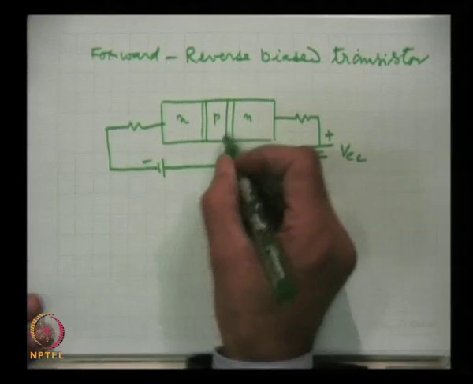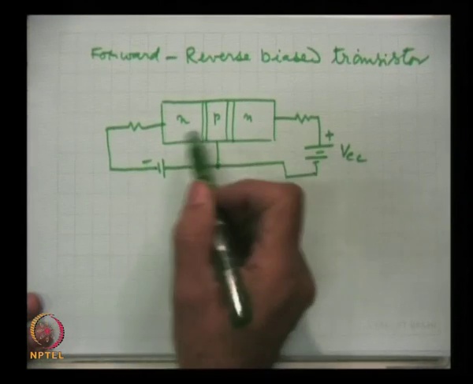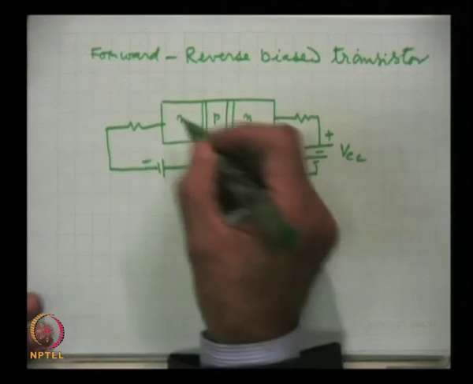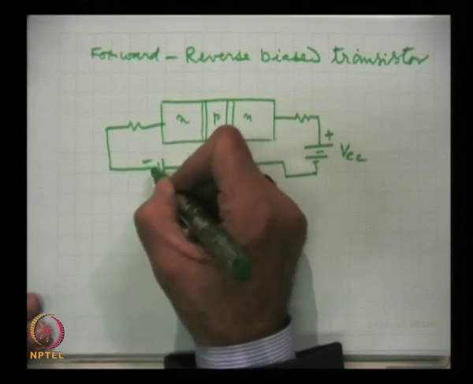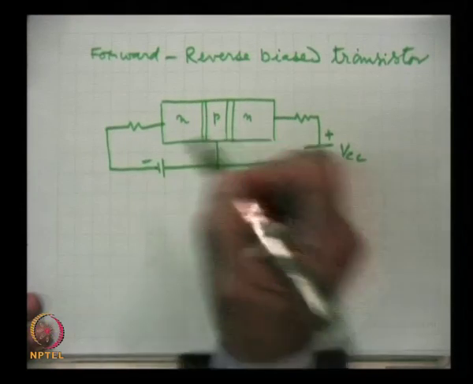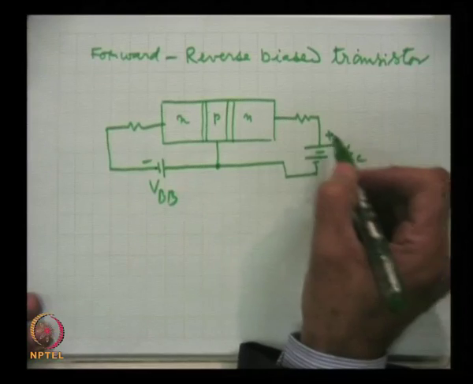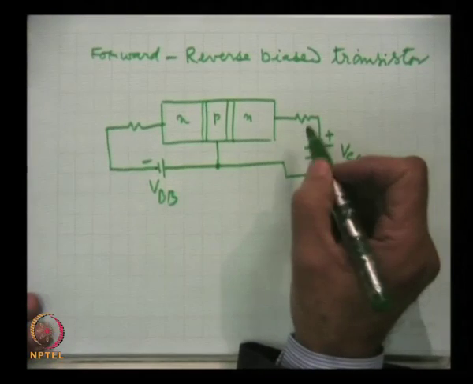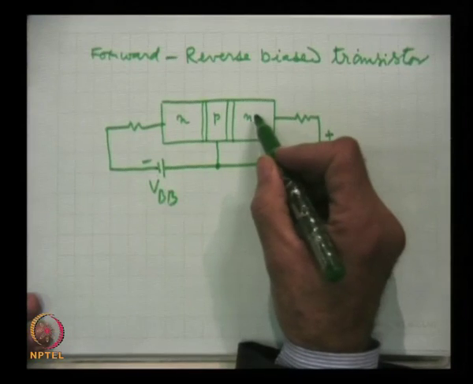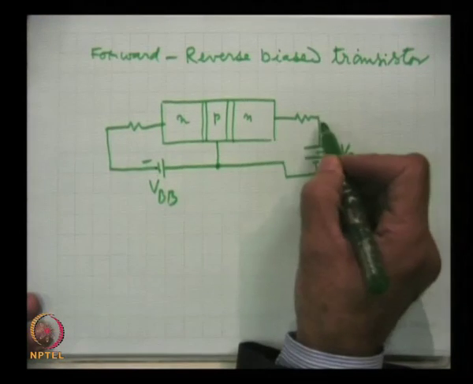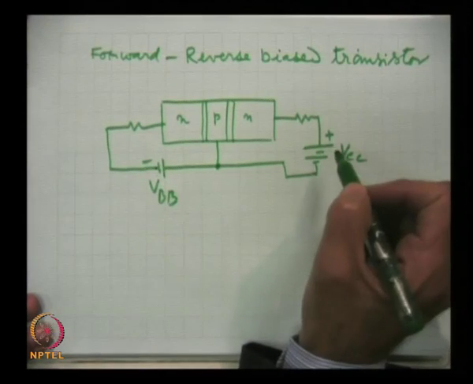This is the emitter-base junction, forward biased. We have connected the negative side, the N side semiconductor, to the negative terminal of the battery, and on the other side, this is the reverse biased collector junction, and the N type semiconductor is connected to the positive terminal of the battery.